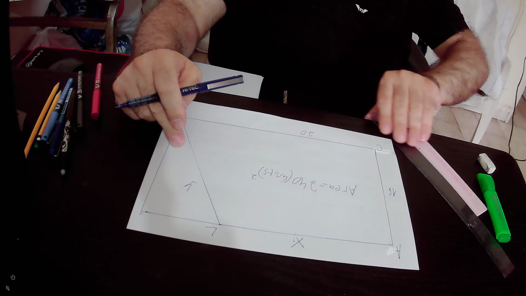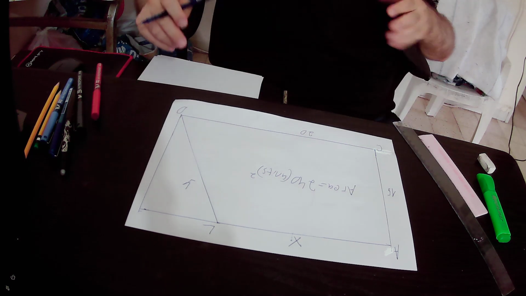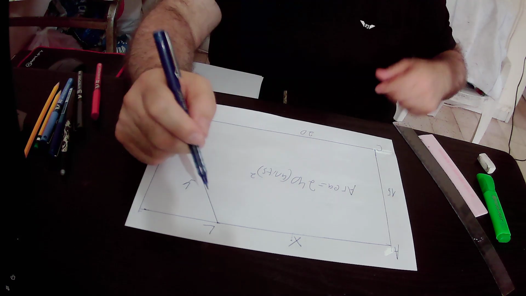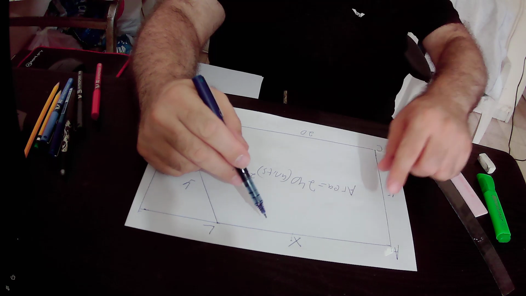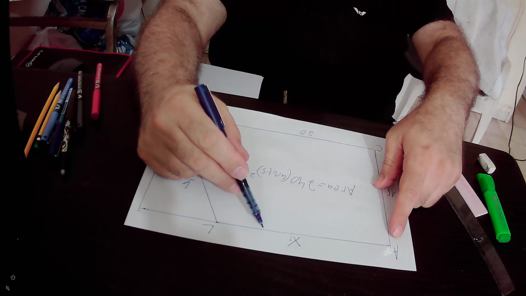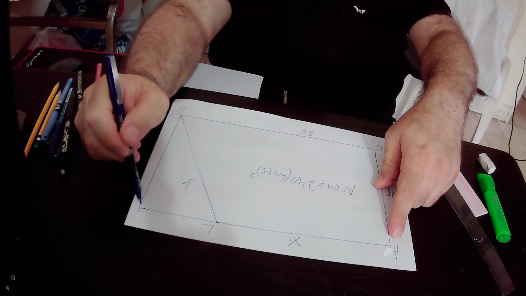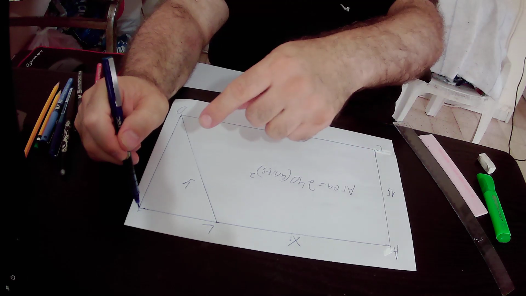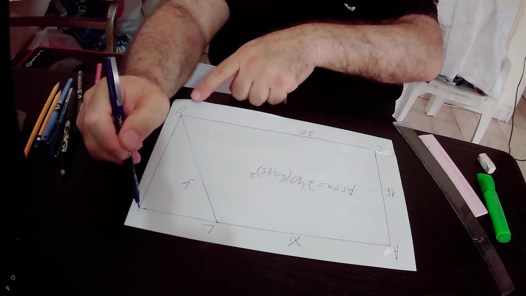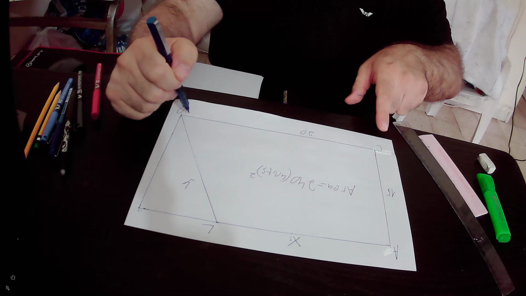So I repeat again what I did. First of all, I extended line segment X to a size of 20 units, and then from this point I lowered a perpendicular to line segment CD.